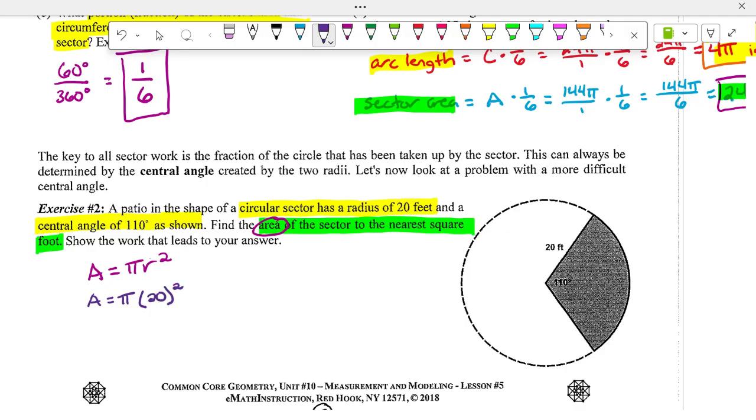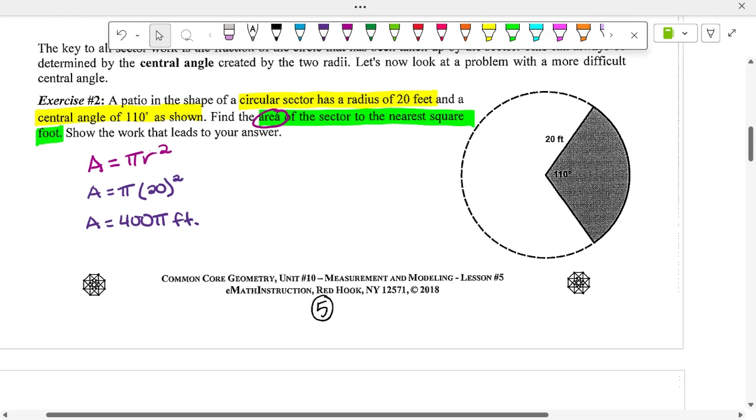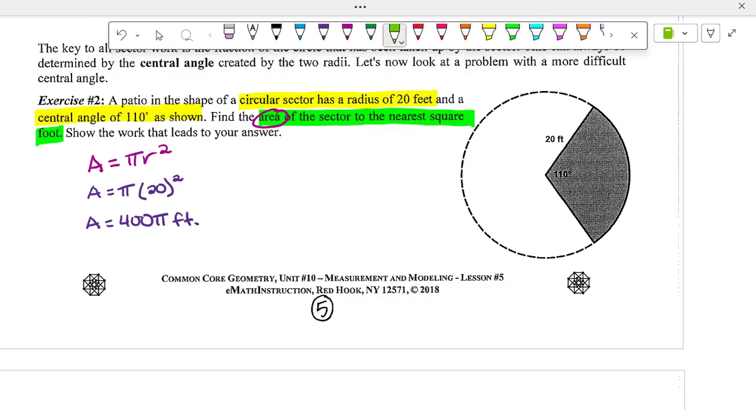What's 20 squared? 400. So the area of the whole circle is equal to 400 pi feet squared. And we're going to leave it like that because we want our answer to be as exact as possible. Again, this is the area of the whole circle.